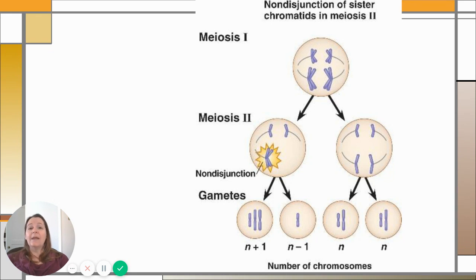It could be that the mother or the dad improperly makes the sperm or egg cell every time. That would be unusual, but we can actually look for those types of things to try and understand why the couple's having a miscarriage over and over again.